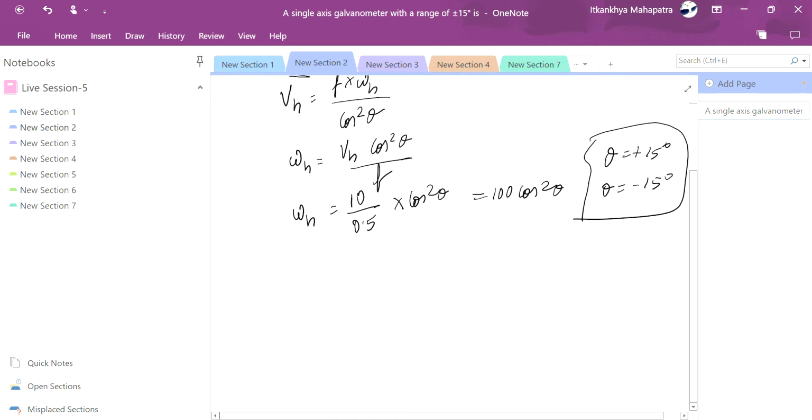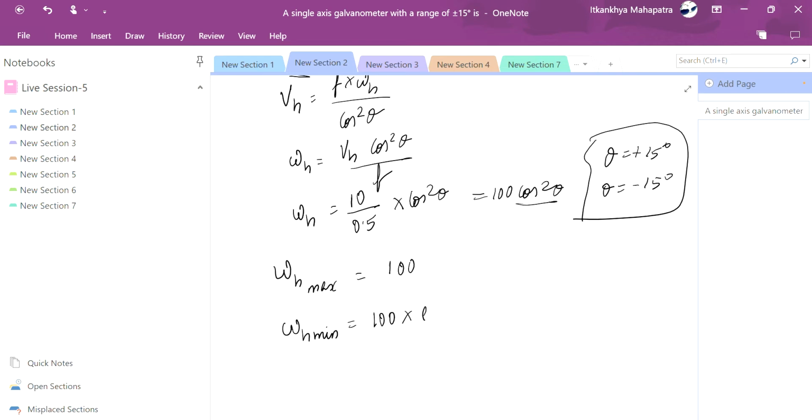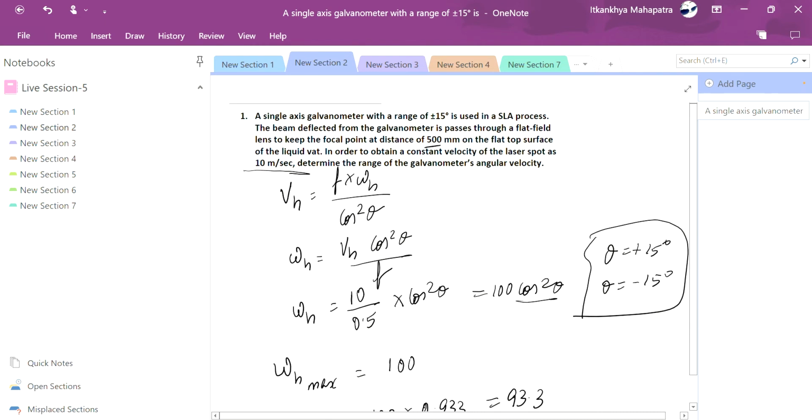So putting this value, we obtain omega H maximum, putting plus 15 degrees, we get 100, and omega H minimum we get 100 into 0.933, which becomes 93.3. Okay, so this was the first question. This was some doubt in a previous class, so I just cleared it.